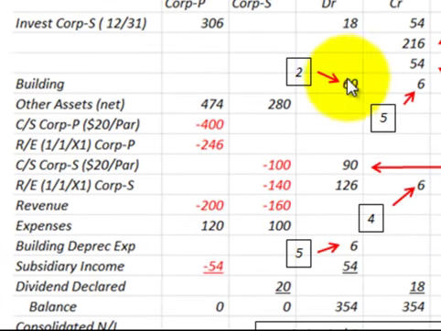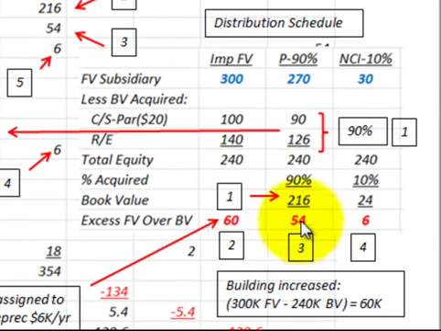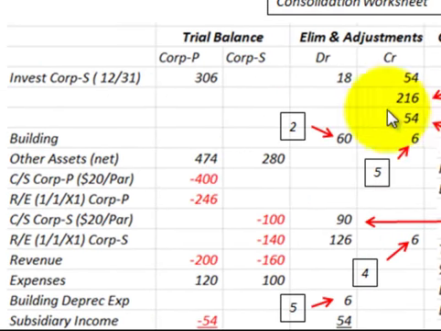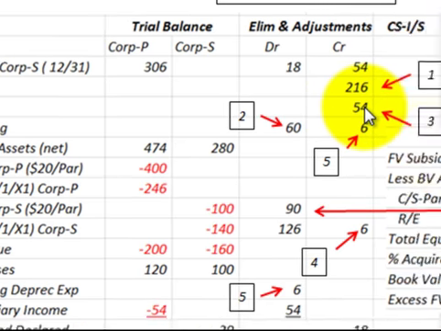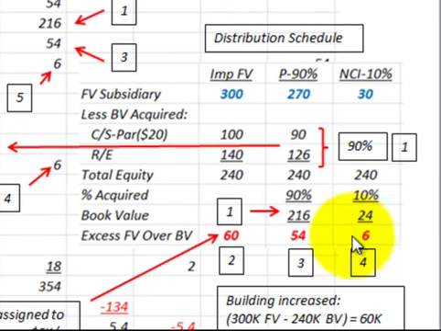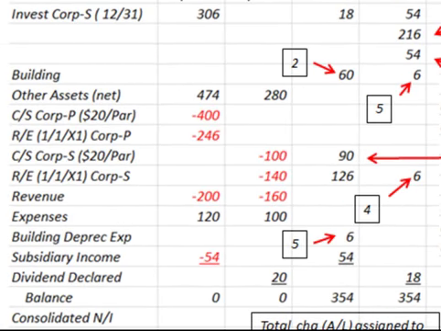Here we debit or increase our building for $60,000, and then the $54,000 for the parent's 90% interest would be to credit or reduce the investment in the sub by $54,000, and then the remaining $6,000 for the non-controlling interest would go to increase the retained earnings for the sub by $6,000, or credit that amount.